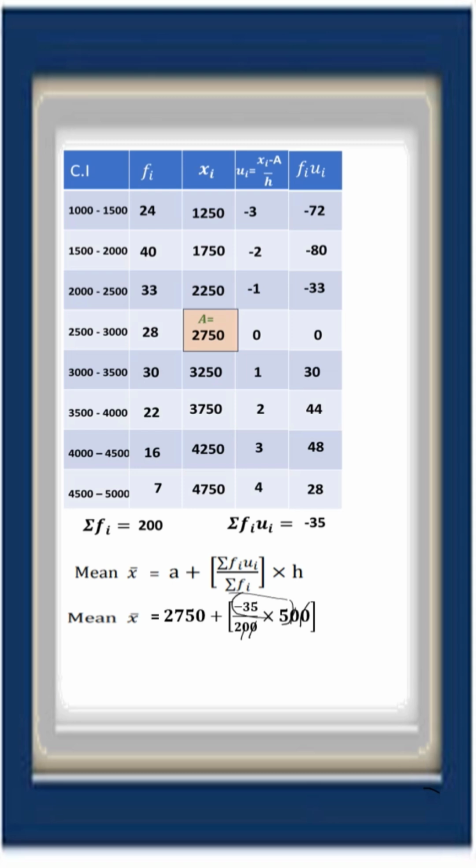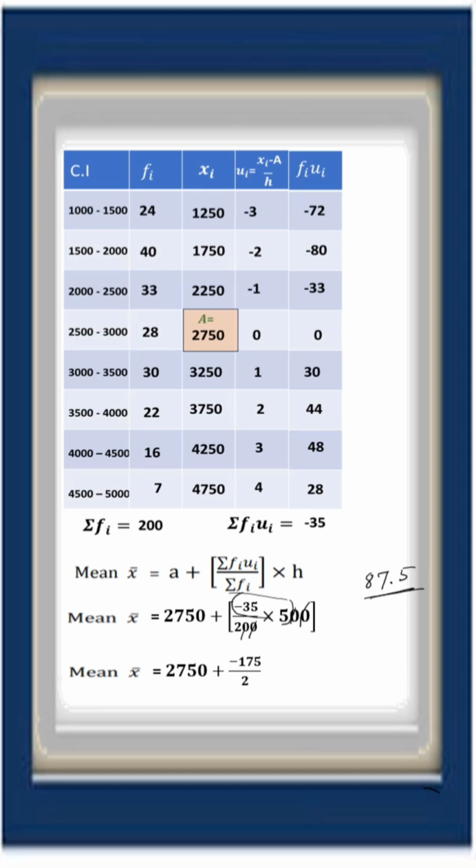So mean is equal to 2750, and minus 35 into 5 gives minus 175 by 2, which is 87.5.